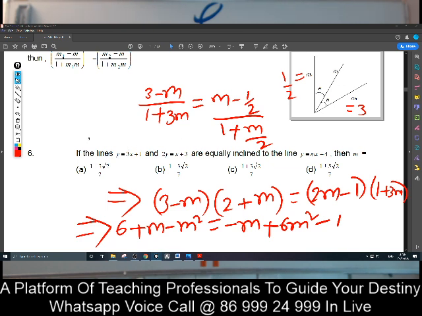Let us solve this. 7M square plus 2M and constant minus 7 is equal to 0. This is what we have got.